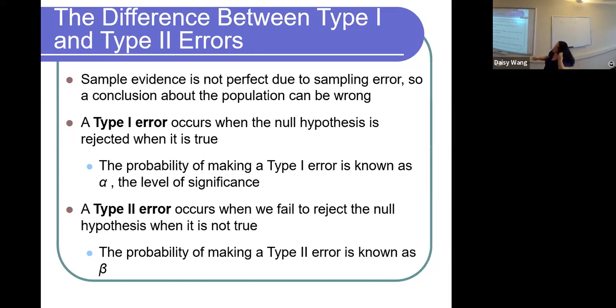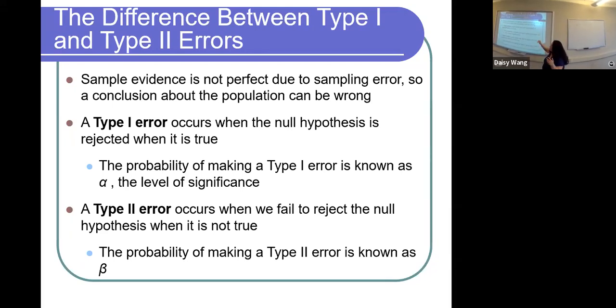So it's like when someone is guilty, type 1 error is like when someone is not guilty, and then we think. So when someone is guilty and we think this person is not guilty, okay?